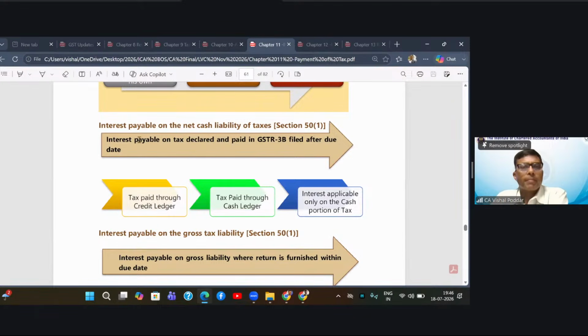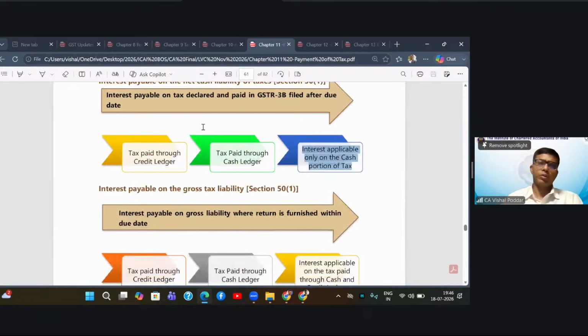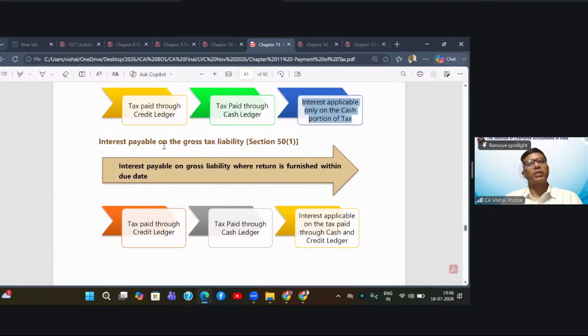The answer is where you are filing the GSTR 3B late, that is after its due date, you have to pay interest only on the net amount, which is finally payable by the cash ledger. So in my example, it is on 20,000. However, the interest will be calculated on the gross liability where the return is filed in time, but you are reporting that supply in a future return.